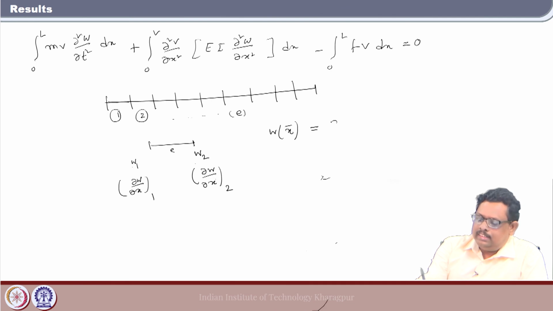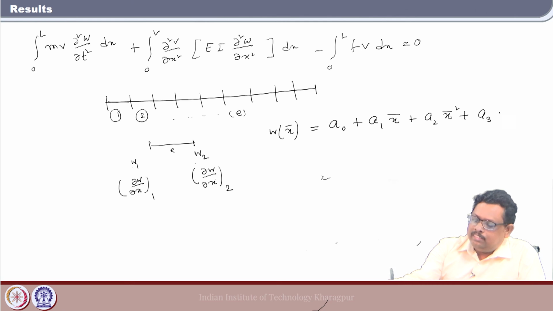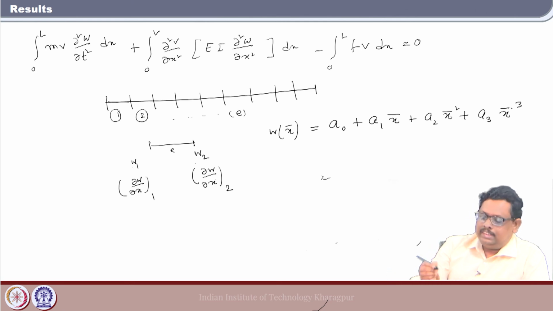So, I write this in terms of a 0 plus a 1 x bar plus a 2 x bar square plus a 3 x bar cube.